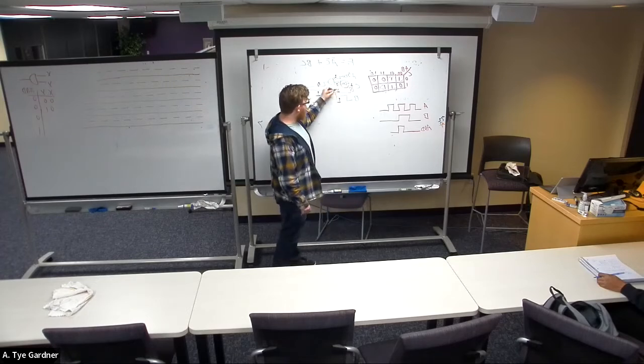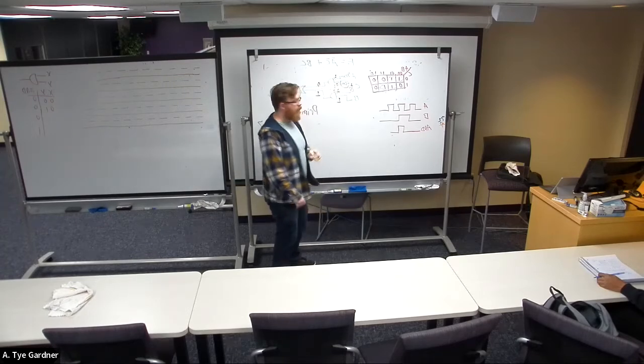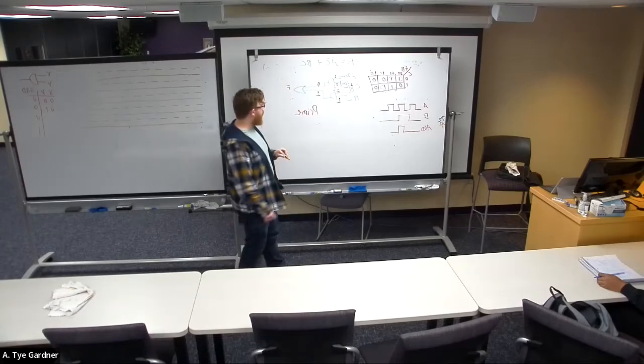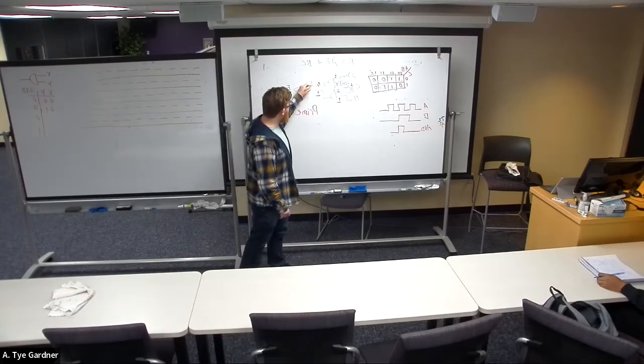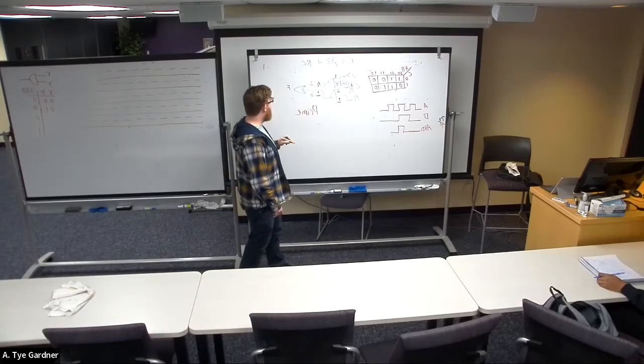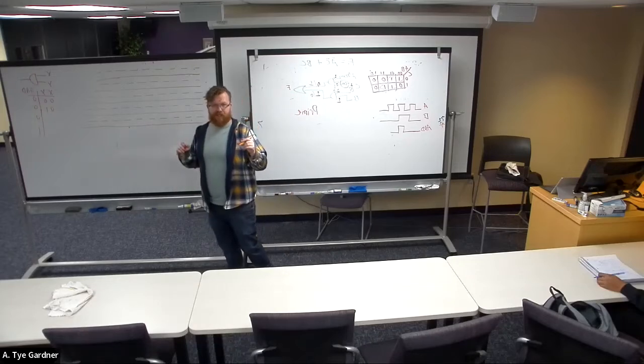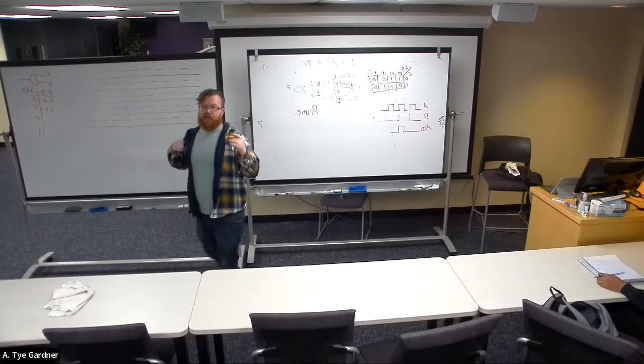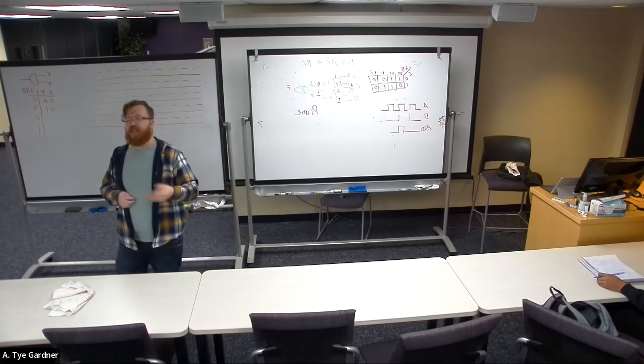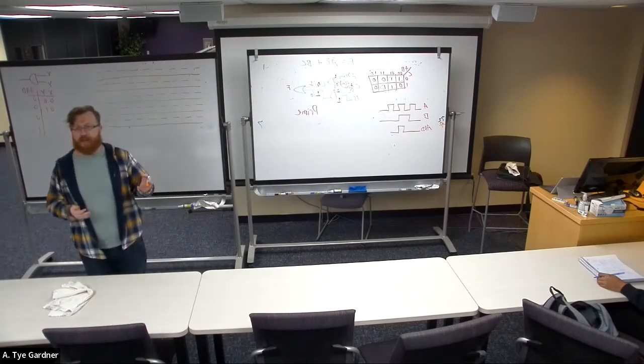Well, that means I have a 0 at this input and a 1 at that output. Well, that means there's a 1 here and a 0 here. And guess what? F is still 1. So if we're primed, I can change C and nothing happens if I don't account for time.